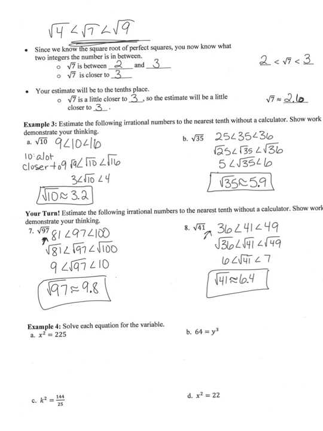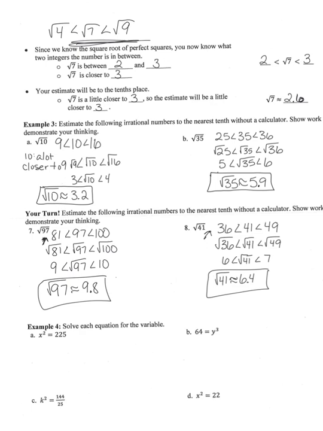And now here, for example 4, we have x squared equals 225. Keep in mind, this was what we talked about in our video for page 4, the page that we did just before this.